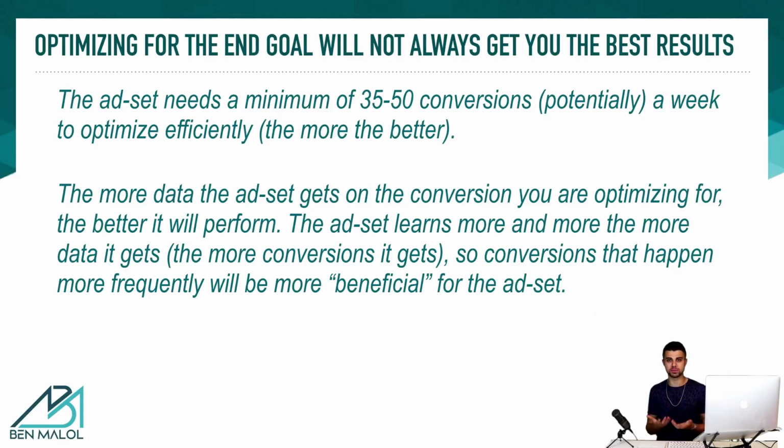Now, it's not always the smartest idea to go ahead and optimize for that conversion. And I'll explain why. An ad set, okay, needs a minimum of 35 to 50 conversions a week, minimum, to really optimize efficiently, to get to its highest potential, essentially. Now, I don't know if you know this, but the optimization mostly happens on the ad set level.